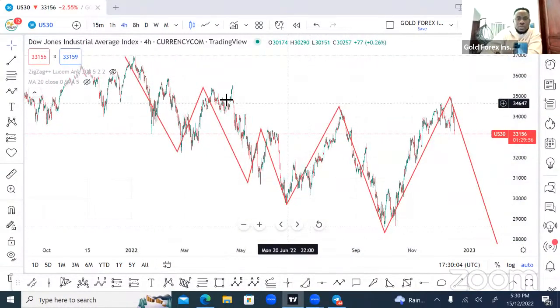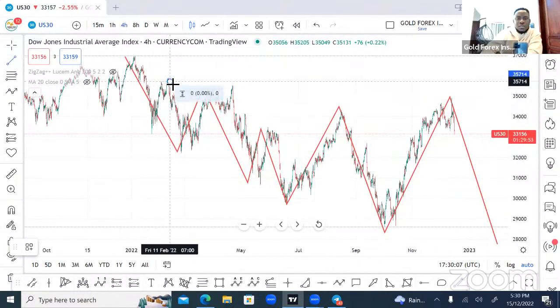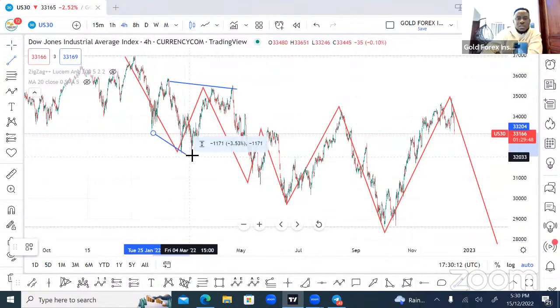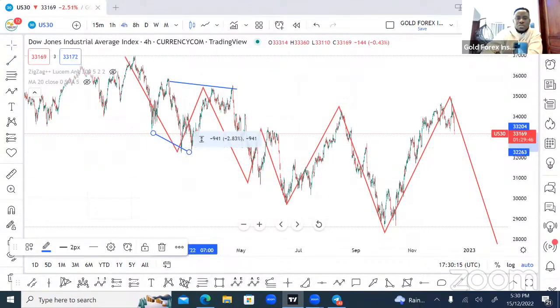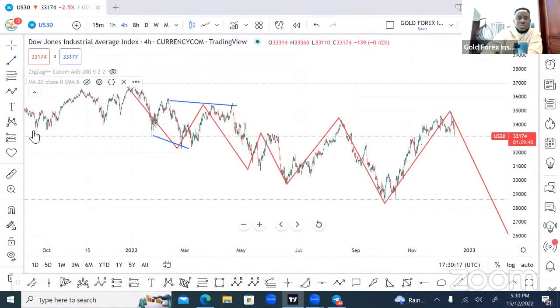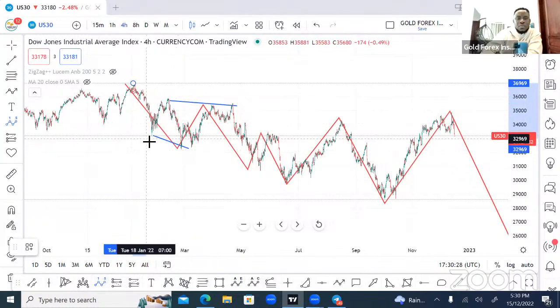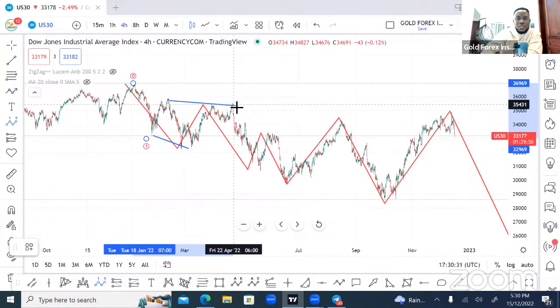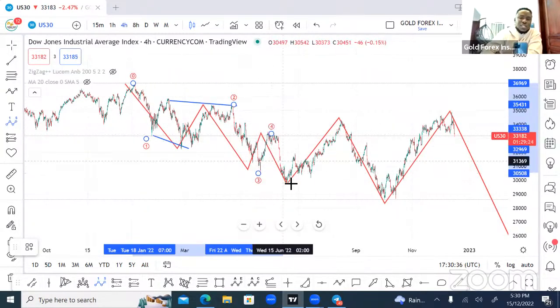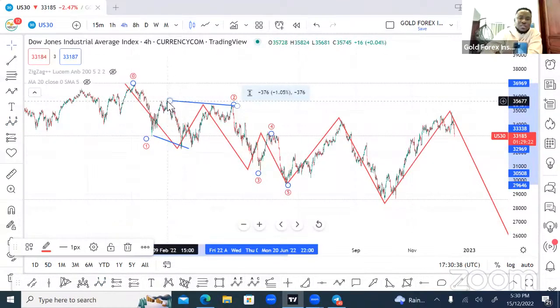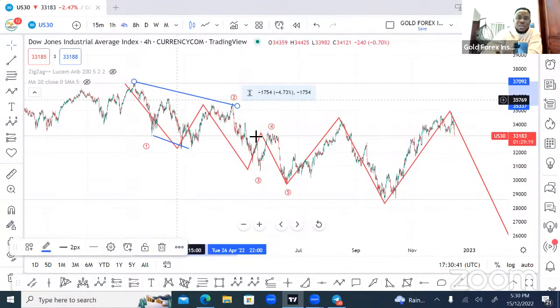It makes sense. This would make sense. So we have one, an ABC flat correction, two. This is more or less like a triangle, like a leading diagonal.